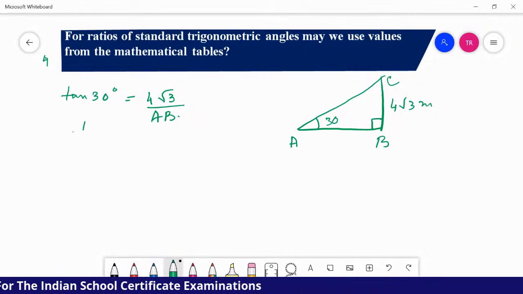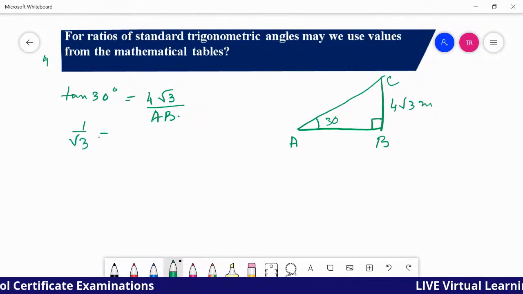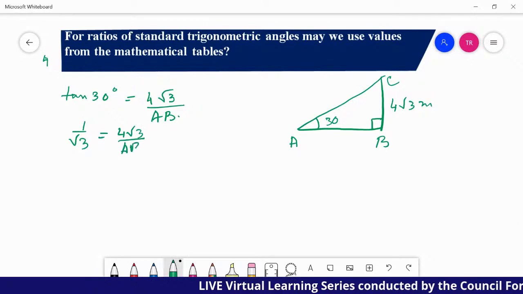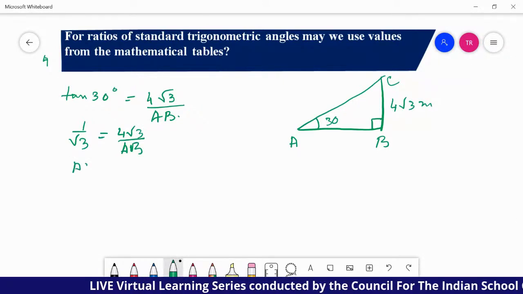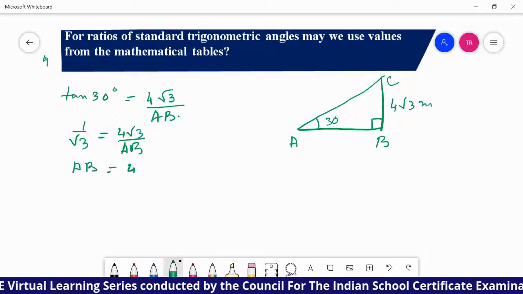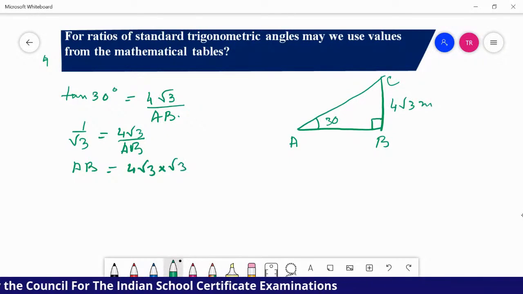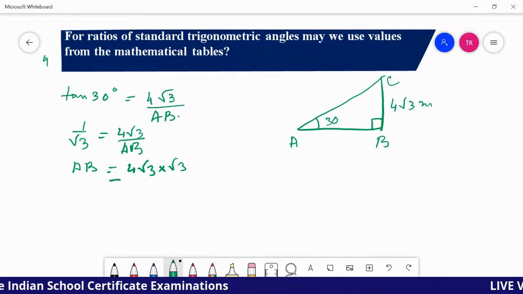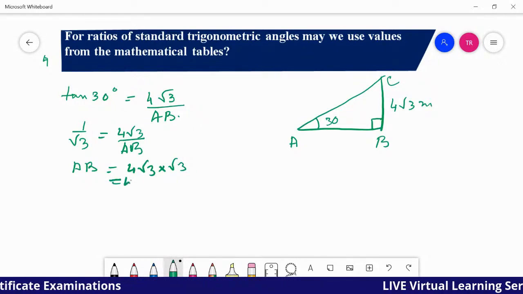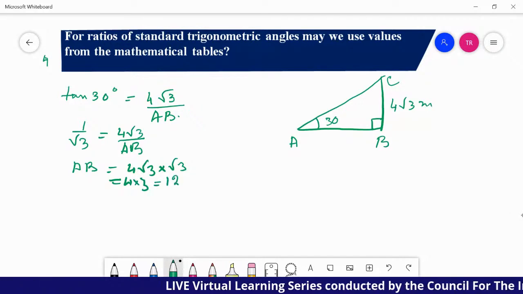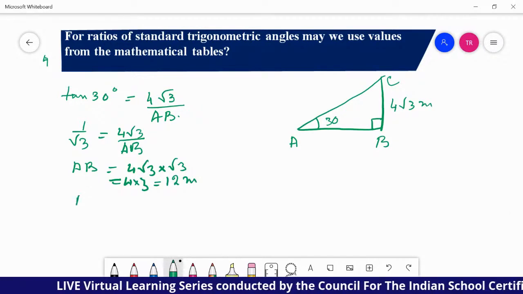Tan 30 is 1 by root 3, equal to 4 root 3 by AB, or AB is equal to 4 root 3 multiplied by root 3. Root 3 into root 3 is 3. So 4 into 3 is equal to 12 meters. So I've got the length of AB.